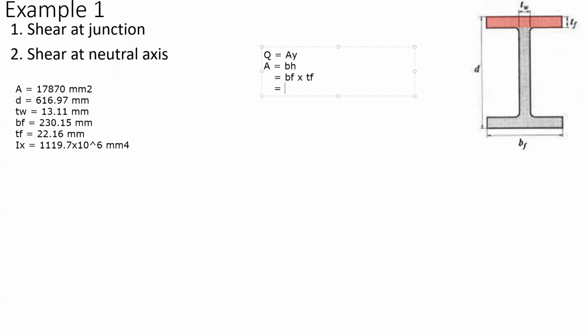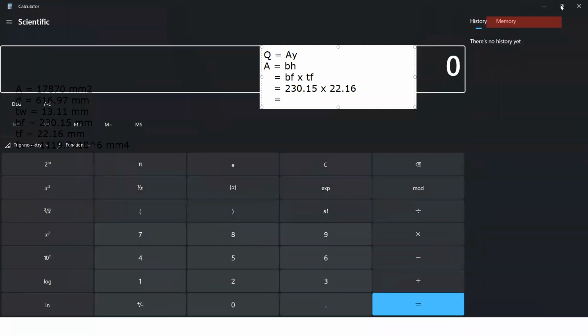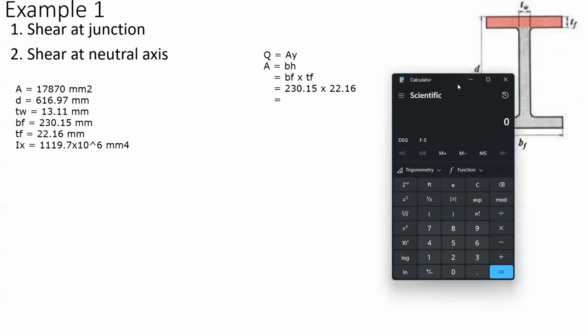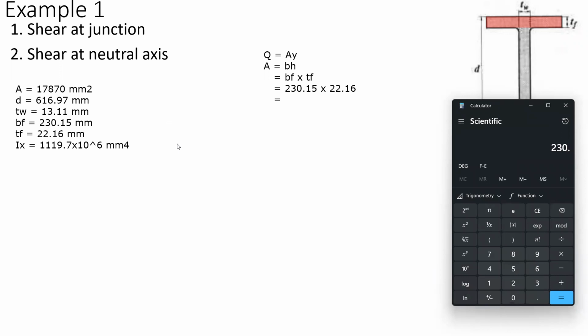This is equal to BF, 230.15 times TF, that is 22.16. That gives 5,100.124.